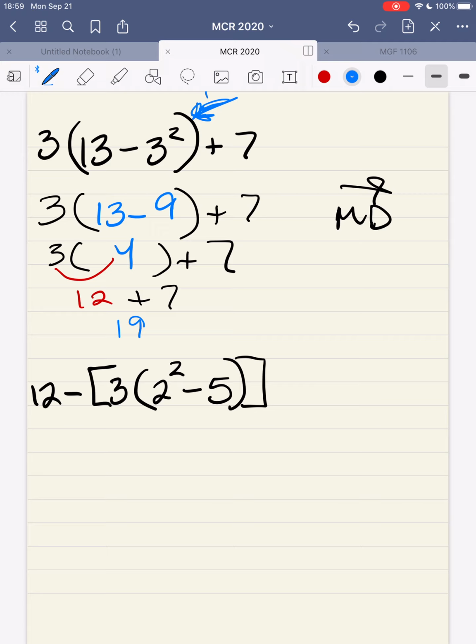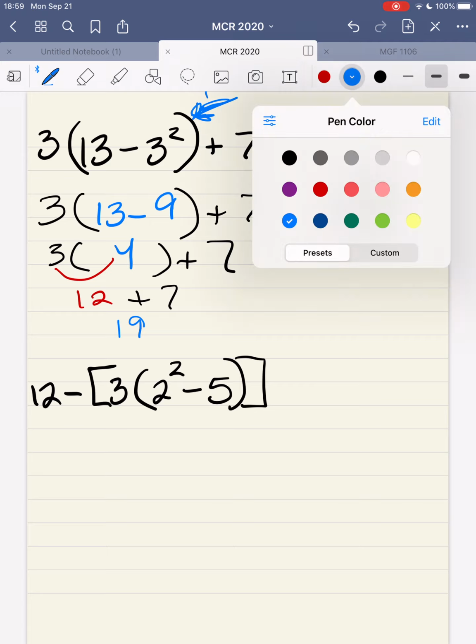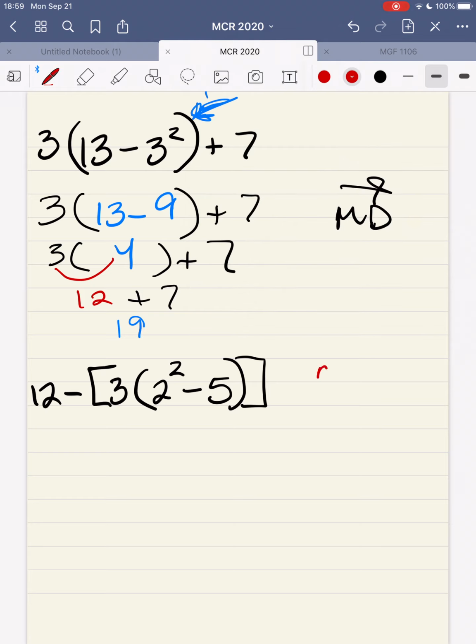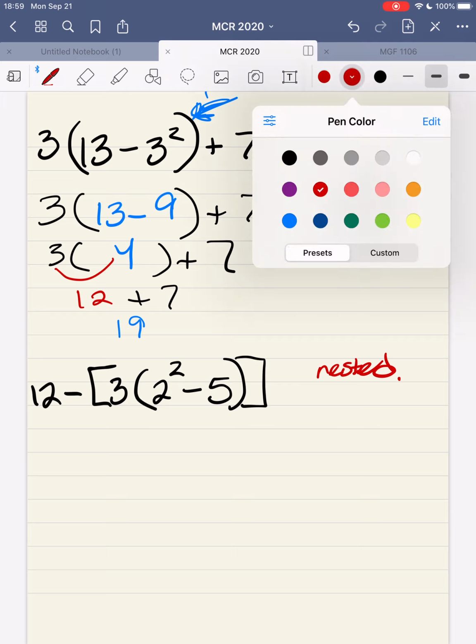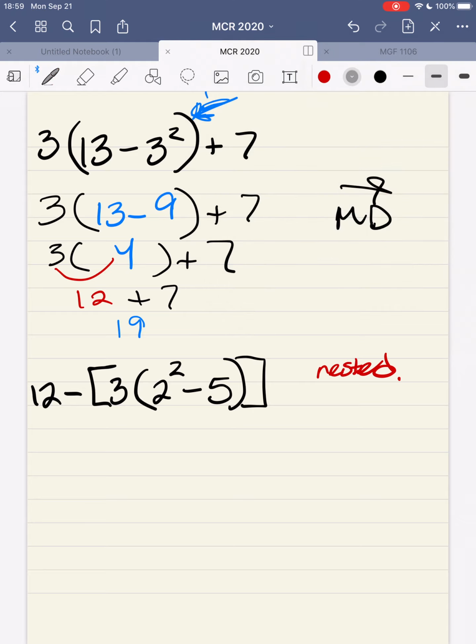Right. In this next example, we're looking at a set of nested operations. So here we have a specific set of operations. We have a set of parentheses as well as a set of brackets. Now when we have more than one set of grouping symbols, we want to go from inside to outside.